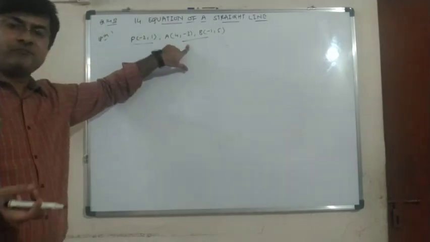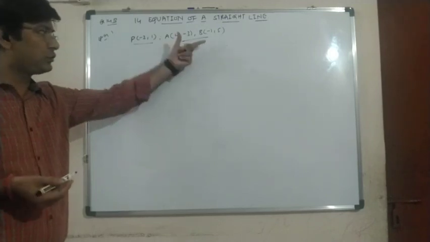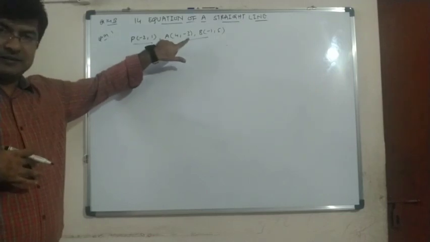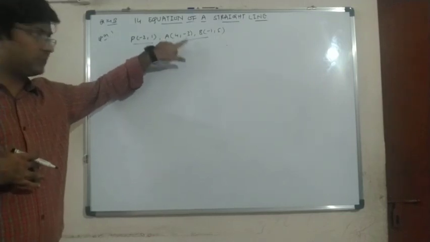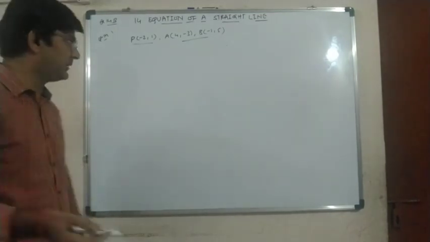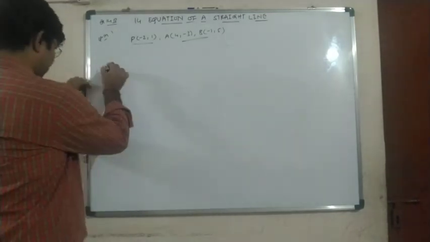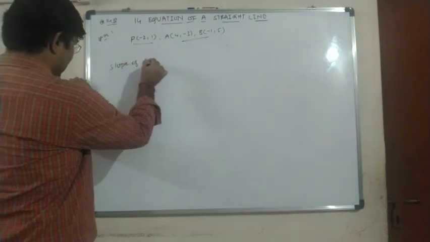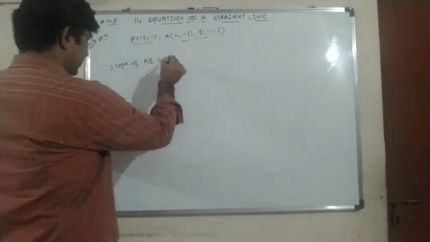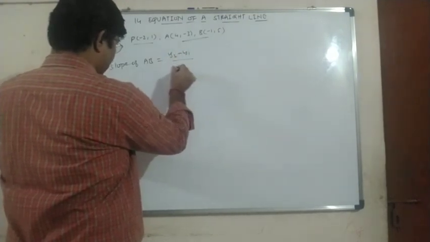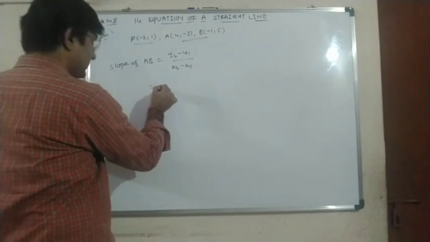It means that the slope of the required line and the slope of AB will be equal. In this case the equation of AB is not given, but the coordinates of A and B are given, so we can calculate the slope of AB. Clear? So let us first calculate the slope of line AB, which is y2 minus y1 upon x2 minus x1.